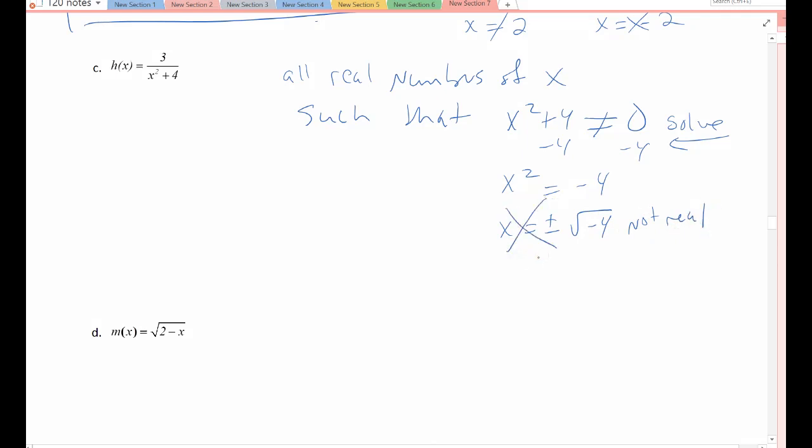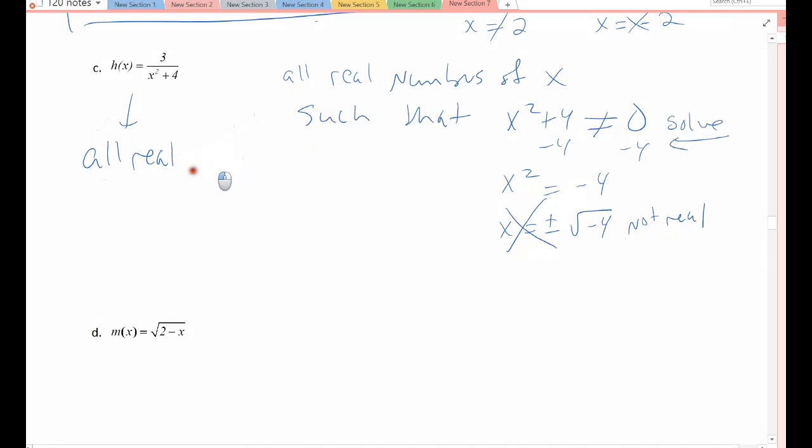And so what that basically is telling me, and you could probably figure this out without solving, but this would be the proper way to do it, is there's no number I can plug in to give me negative 4, unless it's imaginary, and I can only deal with real number values. I can't plug anything into the x to get a negative out, because every time I square it, it comes out positive. And so all numbers work. In this case, there's no problem. So the answer is all reals are fine.